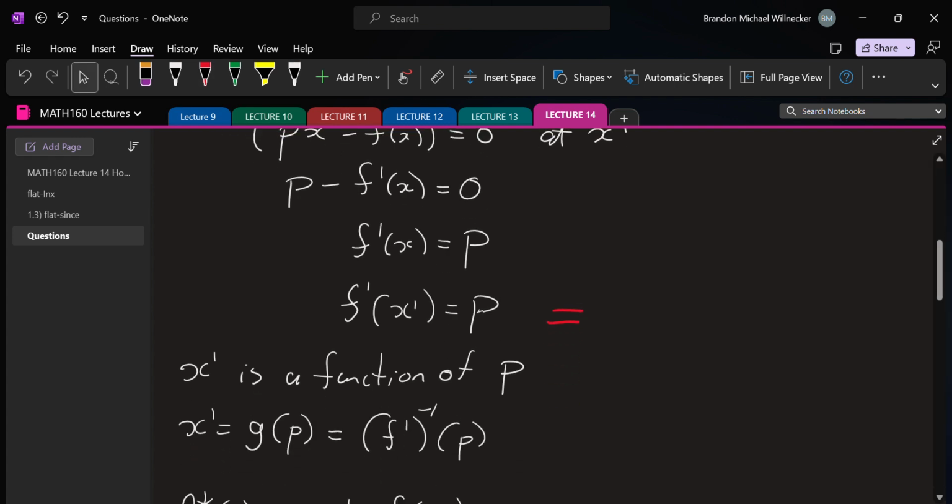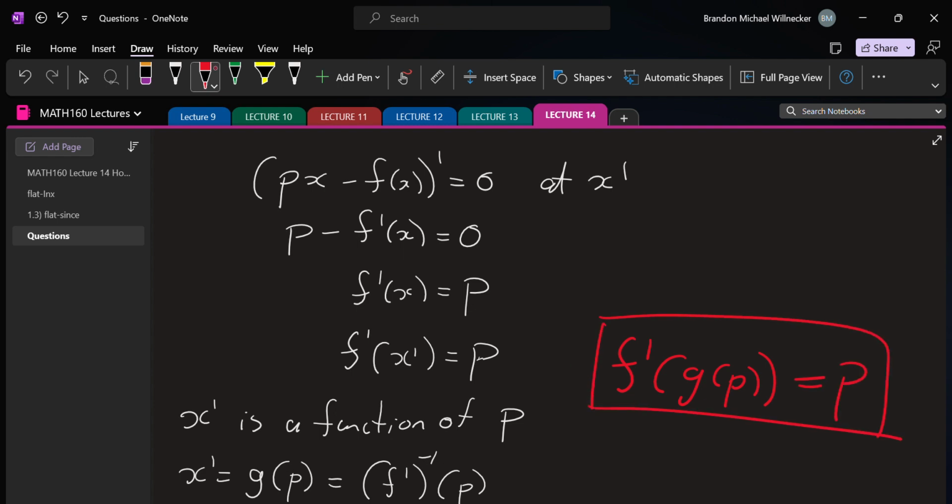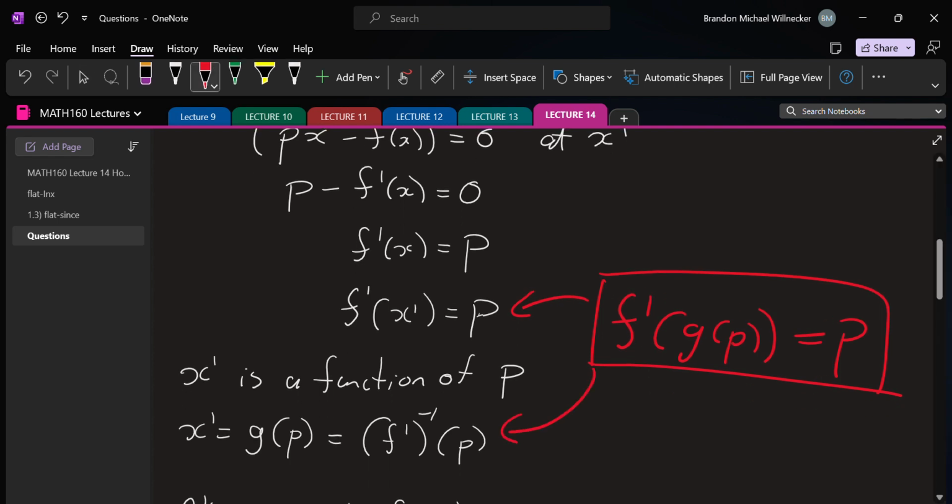So here, this is equal to, remember, this X prime we call G of P. So F prime of G of P. Let's just write that, F prime G of P. That's P. That comes from this line, and it comes from this line there.